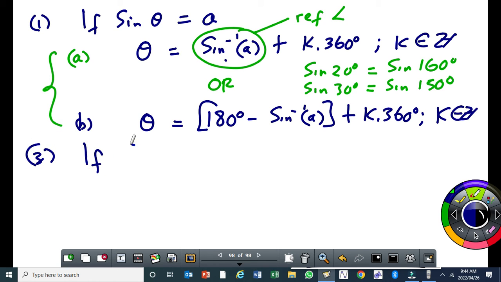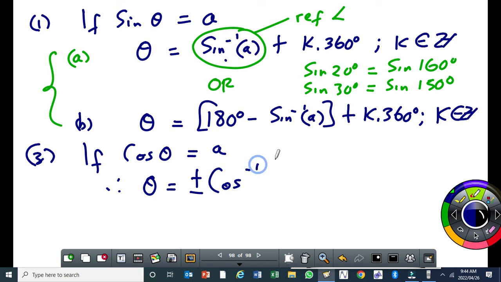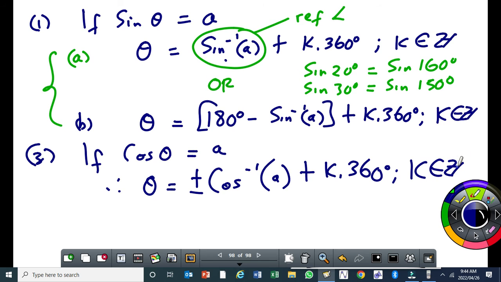So if you get cosine of theta equal to A, it therefore means that your theta, now because cos is positive in the first quadrant and the fourth quadrant, right? So this will be plus or minus shift cos of A plus k times 360 degrees, where k is an integer, right? Please be aware of this.